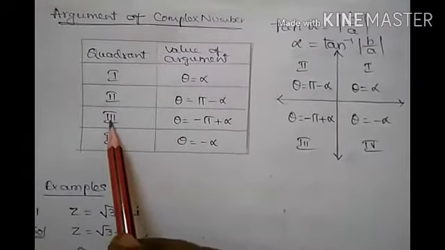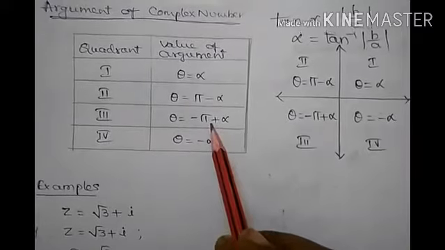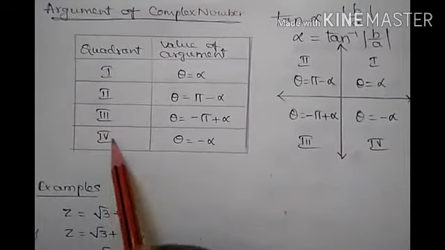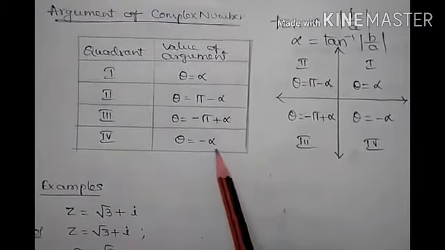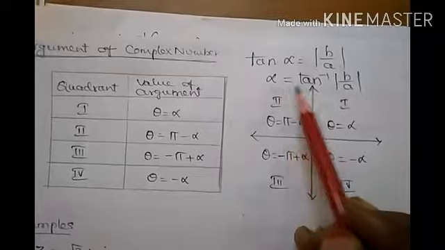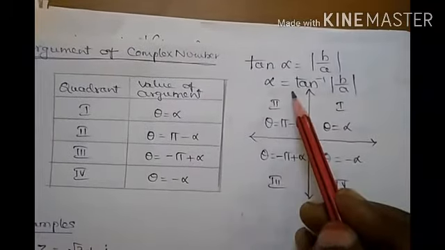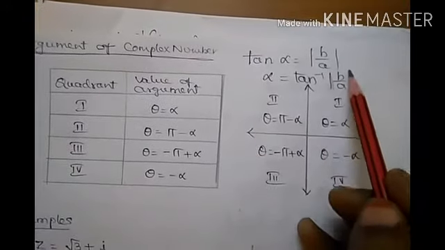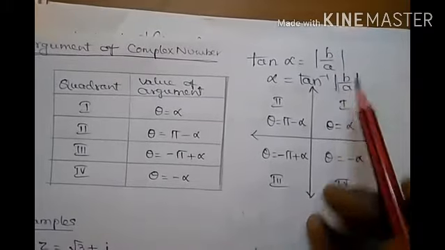If it lies in the third quadrant, then theta equal to minus pi plus alpha. If it lies in the fourth quadrant, then theta equal to minus alpha. Here alpha is tan inverse of modulus of b by a. Modulus converts a negative value into positive.